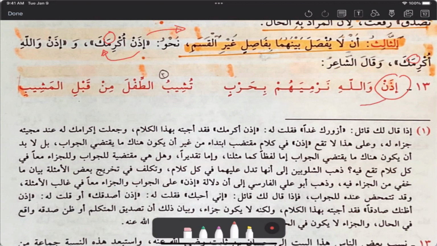And the only thing between إذن and the verb is a swear, wallahi, and the verb is for the future. So he's saying, then by God we shall throw them into war. A war that makes the babies go gray before the time of gray hair sets in.